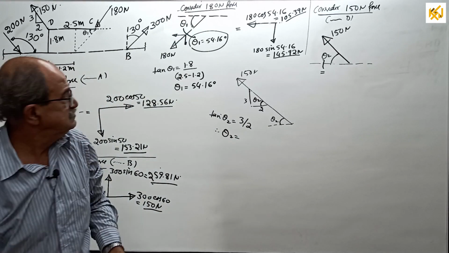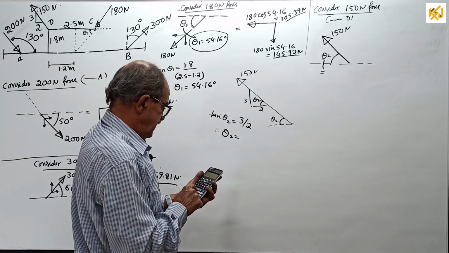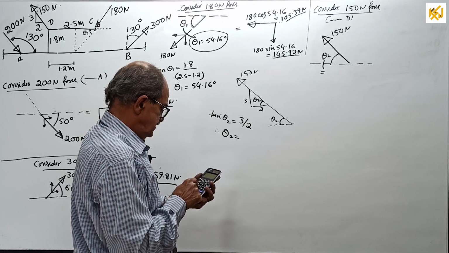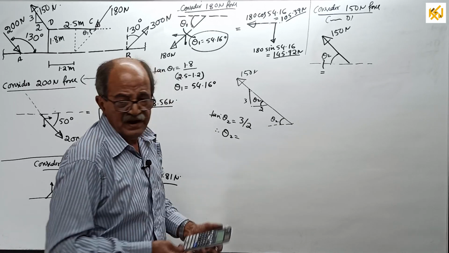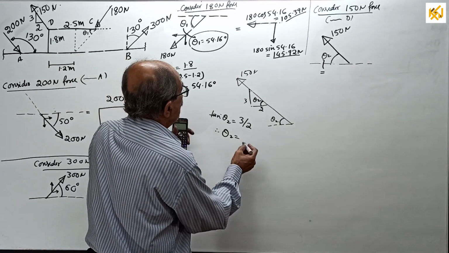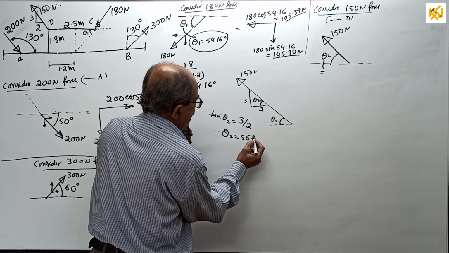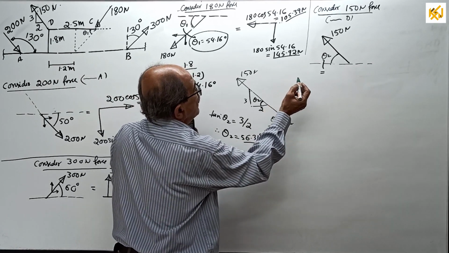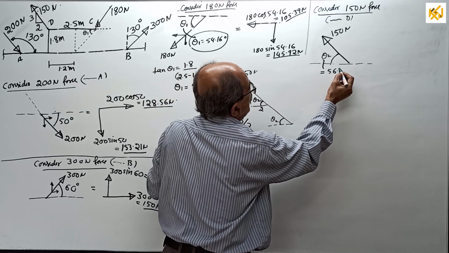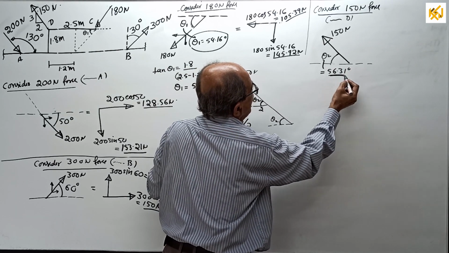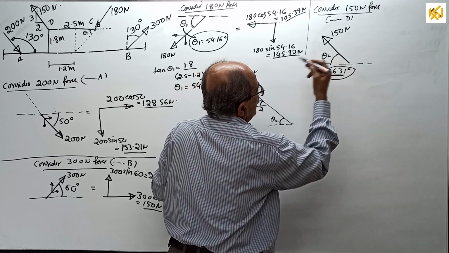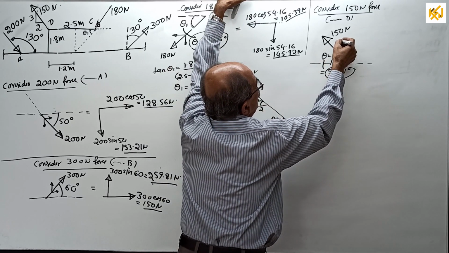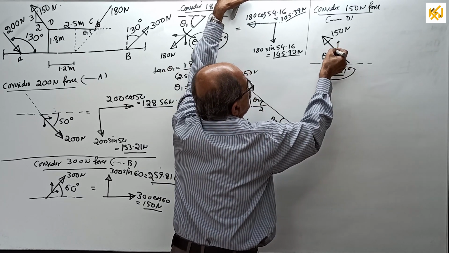Theta 2 will be tan inverse of 3 divided by 2, which is 56.31 degrees. I will enter here theta 2 equals 56.31 degrees to save time. Now here, one vertical component, one horizontal component.